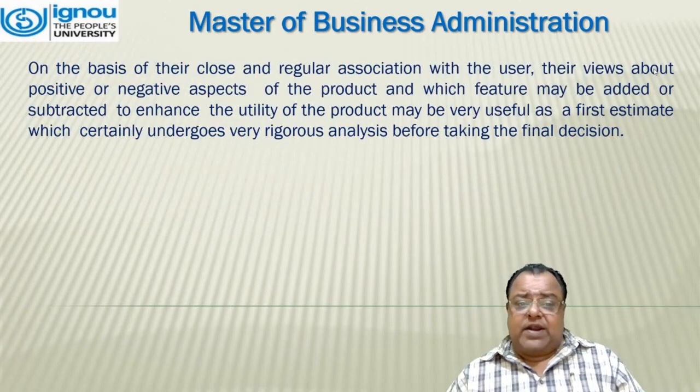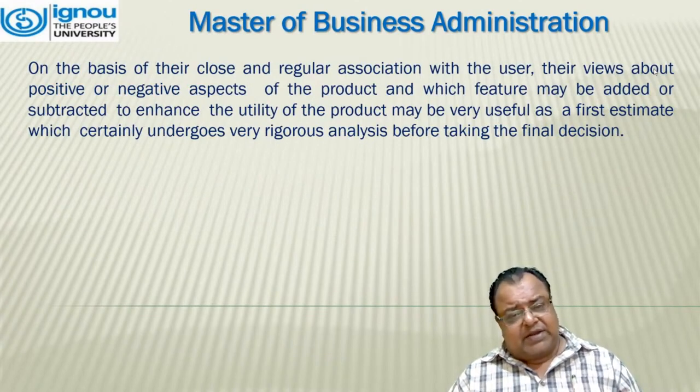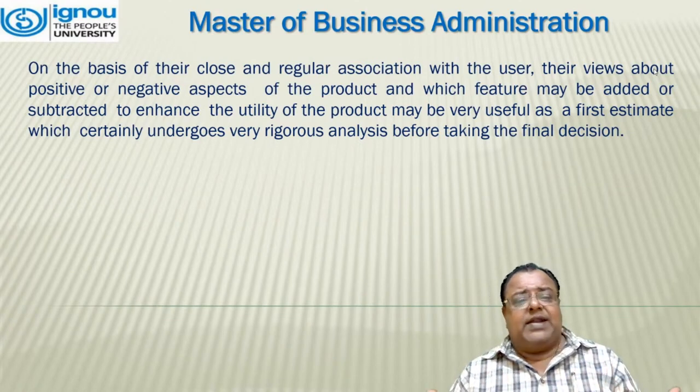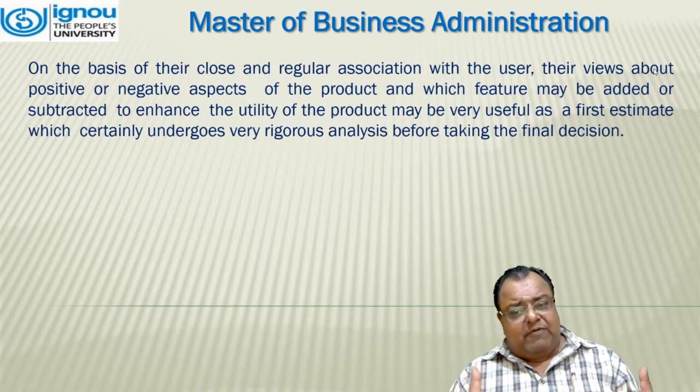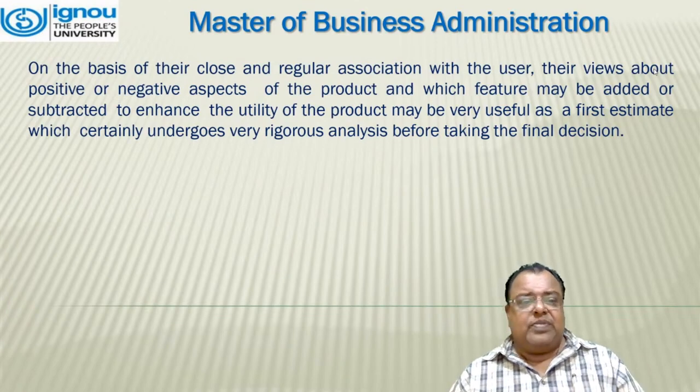On the basis of their close and regular association with the user, their views about positive or negative aspects of the product, and which feature may be added or subtracted to enhance the utility of the product, may be very useful as a first estimate, which certainly undergoes very rigorous analysis before taking the final decision.